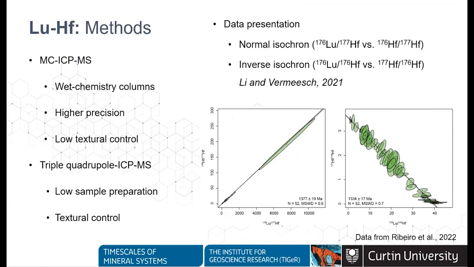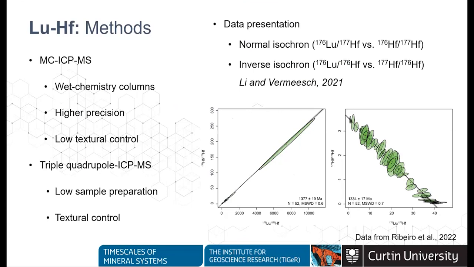It yields more precise ages, but again, we lose a lot of textural control. And as I said before, now we have the triple quad ICP-MS, which allows us to go in situ, which requires much less sample preparation and allows us to have slightly good textural control, depending on the grain size, of course.